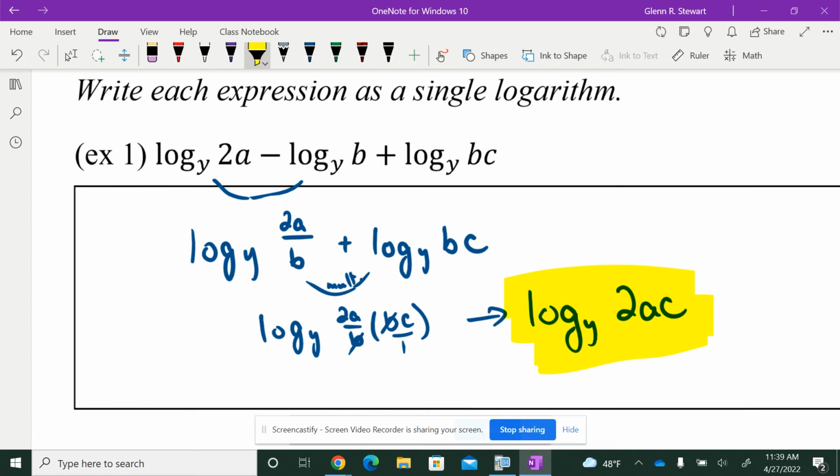Questions, or does anyone need more time at all? I put the BC over 1 just to show you that it's in the numerator. You don't have to put it over 1. I've had a lot of students that have been confused with the denominator and numerator, so it kind of helps.